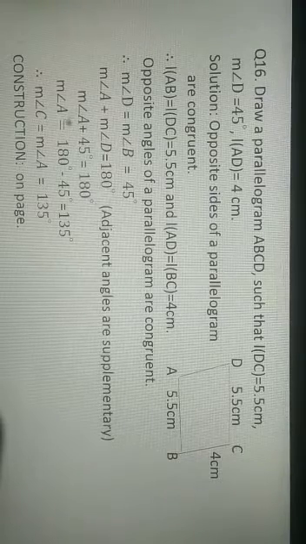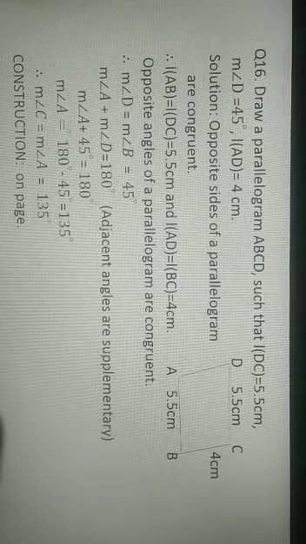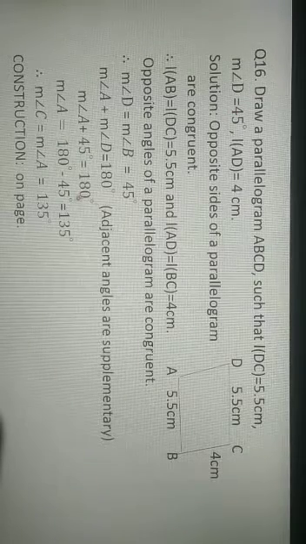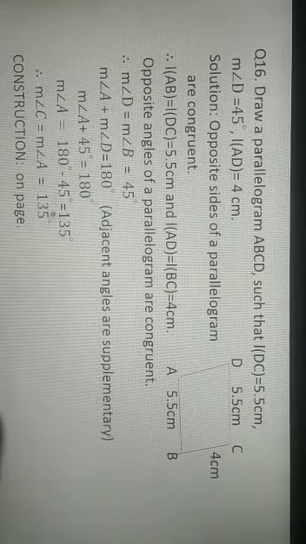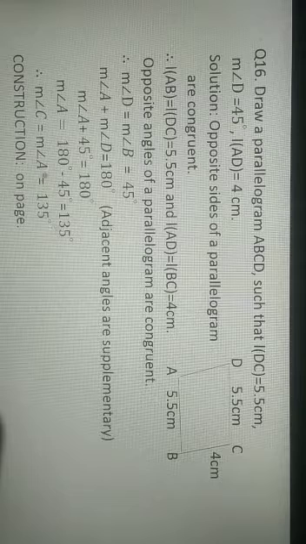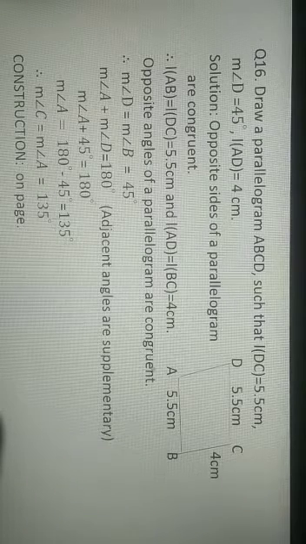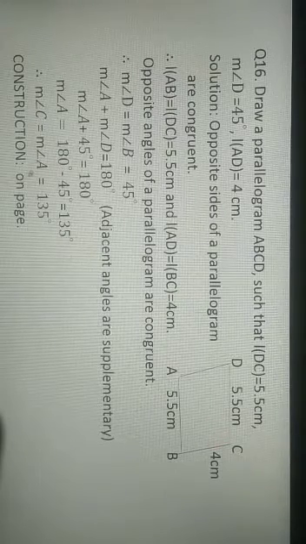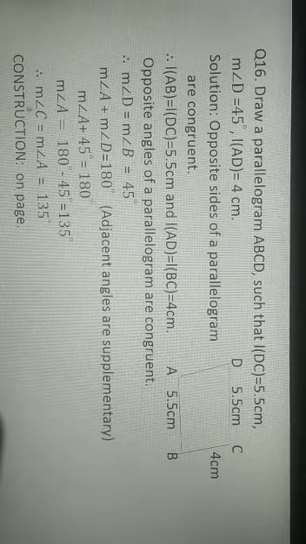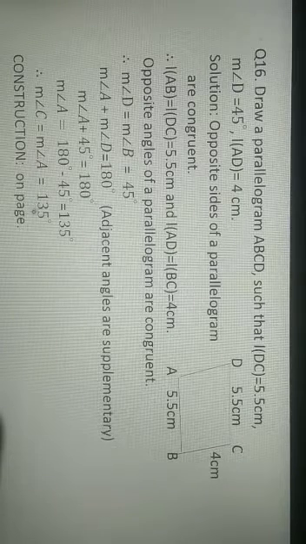Therefore, as D is given as 45 degree, A plus 45 is equal to 180 degree. Therefore, measure angle A is what? 180 minus 45, that is equal to 135. As measure angle A is equal to 135, the opposite angle C is also equal to 135. Therefore, measure angle C is equal to measure angle A is equal to 135.